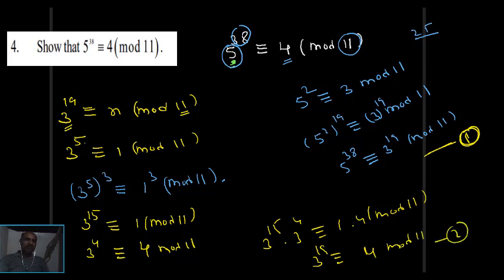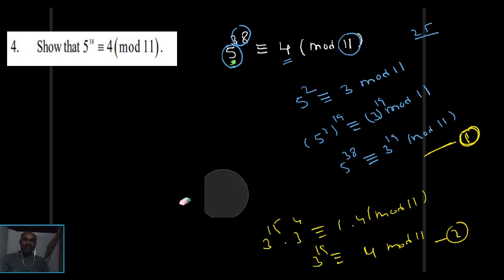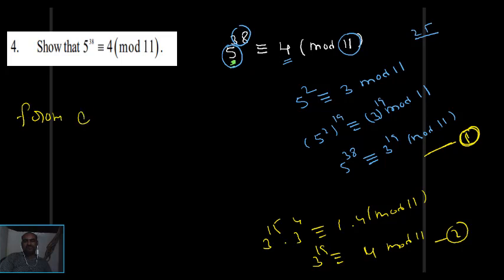From 1 and 2, just like A congruent to B modulo M, B congruent to C modulo M, directly I can say that 5 power 38 is congruent to 4 modulo 11. In this way also we can solve the problem.